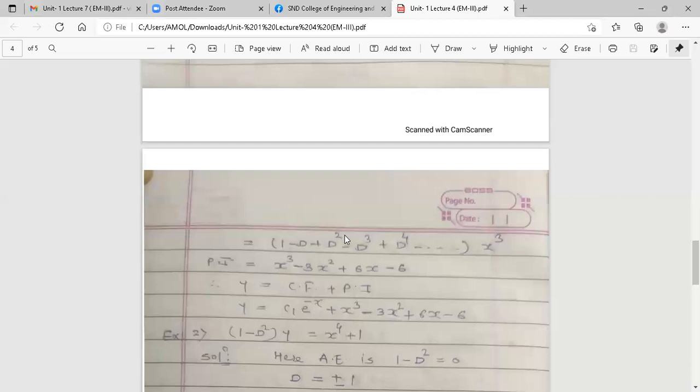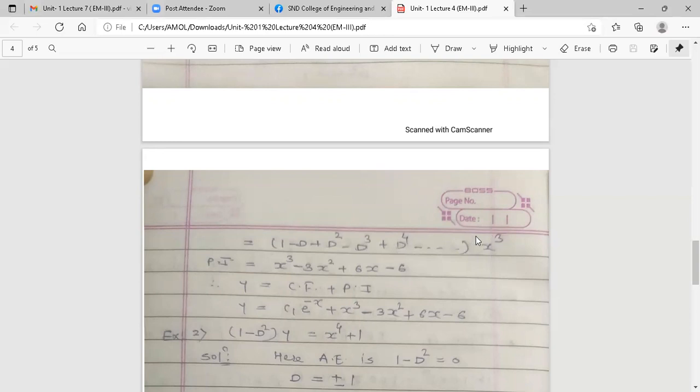D of x cube means the derivative of x cube, and the first derivative is 3x square. D square means the second derivative: the first derivative of x cube is 3x square and the next derivative is 6x. So D square of x cube is 6x, with a plus sign. Minus D cube means the third derivative of x cube, which is 6. So you write here 6.